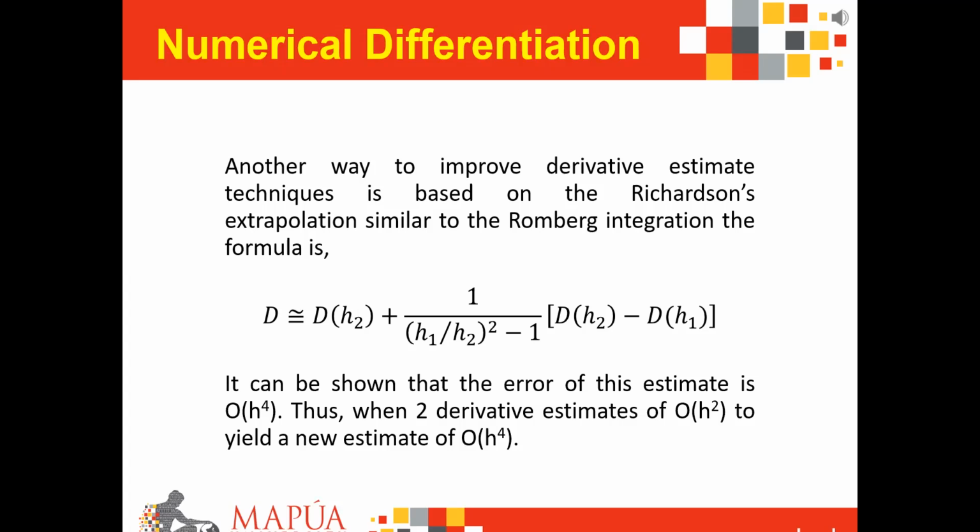It can be shown that the error of this estimate is O(h^4). Thus, when two derivative estimates of O(h squared) is used to evaluate for a derivative value, then it yields a new estimate with an error of O(h^4).